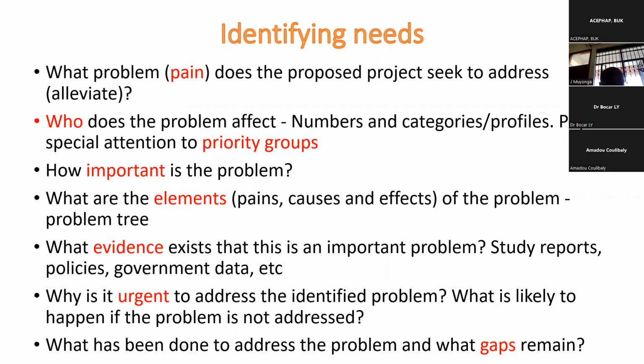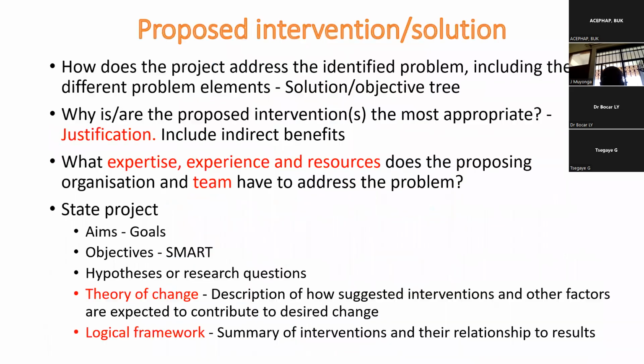Then what has been done to address the problem and what gaps remain? It's important that you show that you are aware of the existing interventions and that what you're suggesting is not repeating any of those, but adding value or even improving where the others have failed.